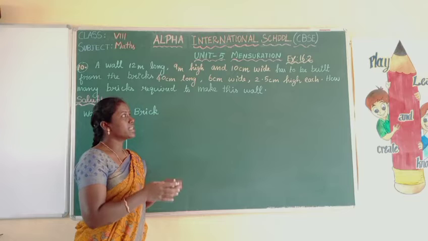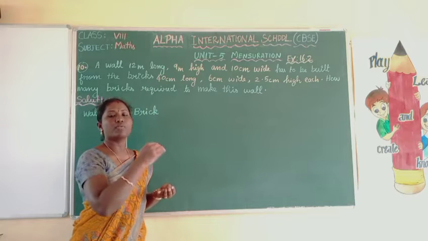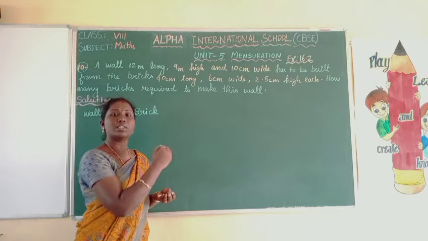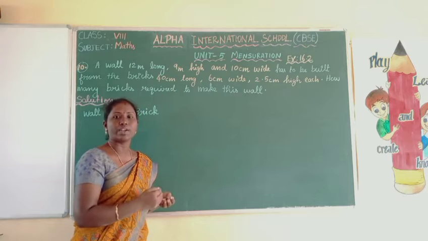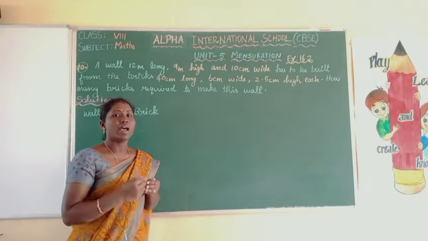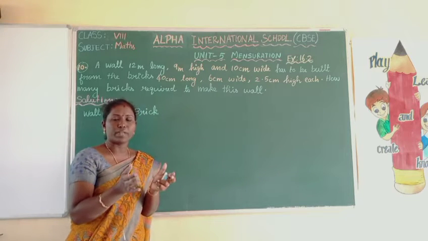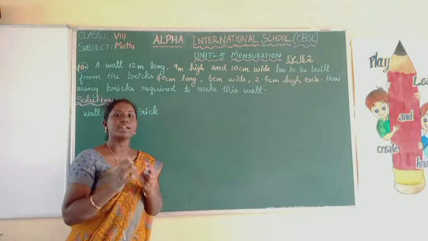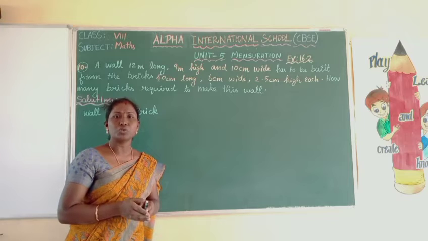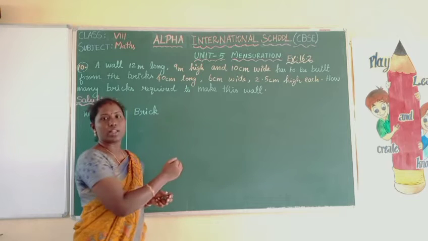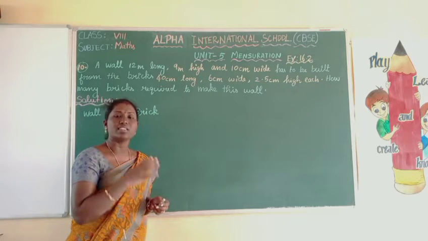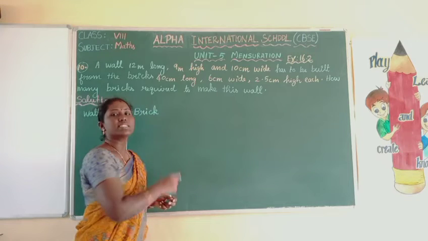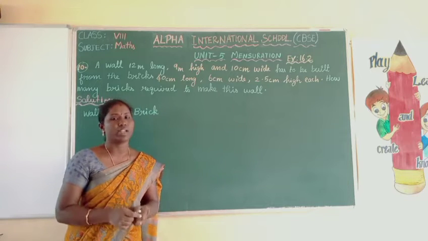So, here they gave the length, height and breadth of the wall, and for each brick also they gave the length, breadth and height. What we have to do is, to construct such a wall of this height, length and breadth, how many such bricks are required? That's what we have to find here.